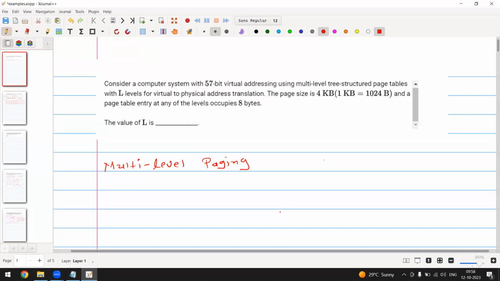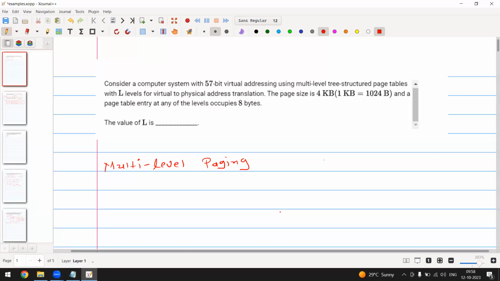So what happens in multi-level paging? See, in the normal scenario, from your virtual address, you find out the page number. From that page number, using the page table, you find out the physical address. That is what you require.